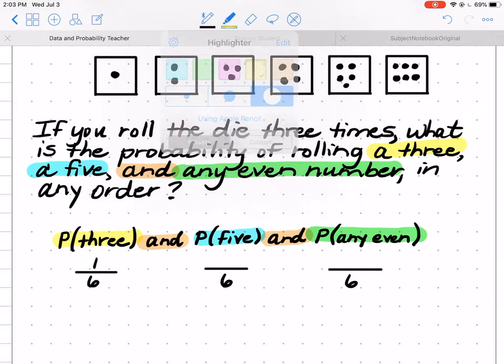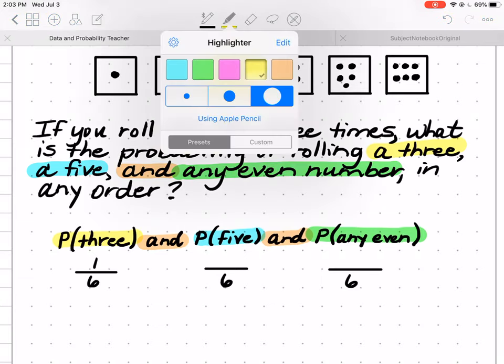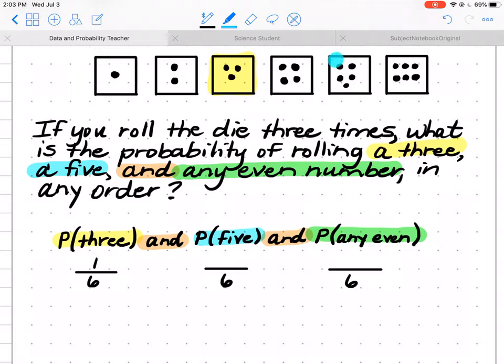Let me highlight it. Here's the 3. How many 5s are there? Well, there's just one 5. How many evens are there? Well, 2 is even. 4 is even. 6 is even. So there are 3 of those. 2, 4, 6, that's 3 possible sides.